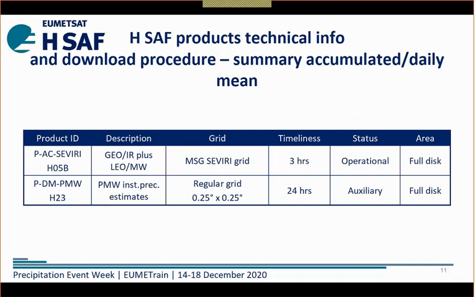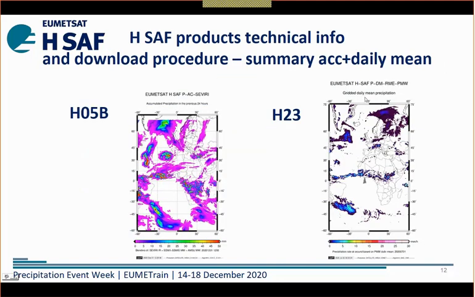H05 is available every 3 hours, which means at 0, 3, 6, 12, and so on during the day, having a total amount of rain spent for 3, 6, 12, or 24 hours. H23 instead is a regular grid product working only once a day, having the total amount of rain captured in the full day of reference. These are the two examples for the products I described to you.